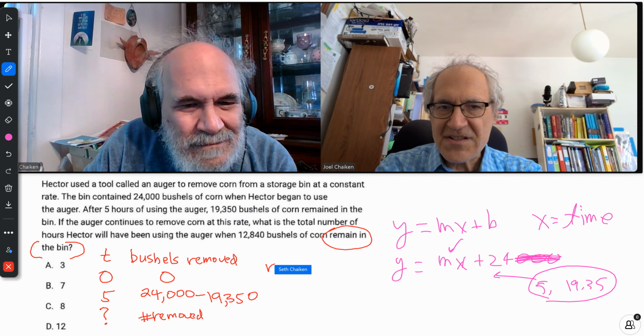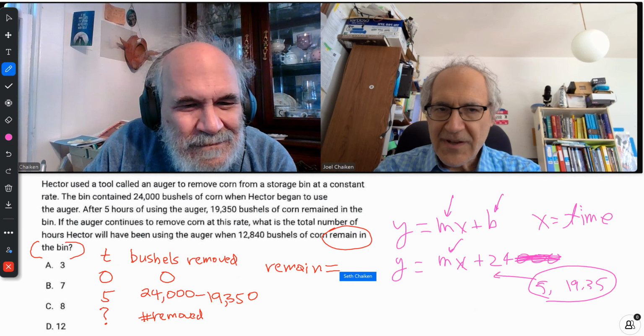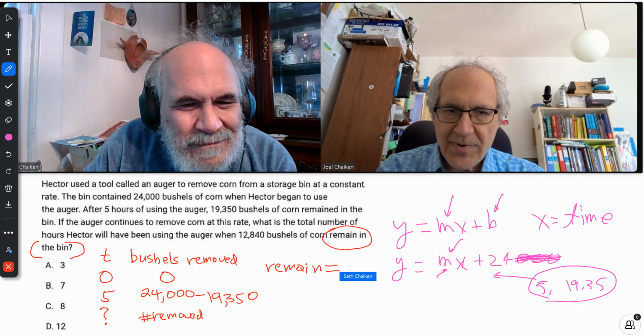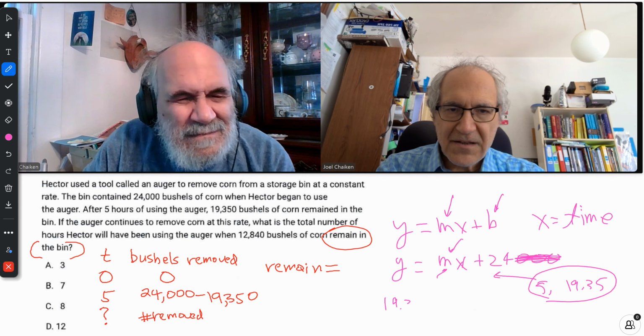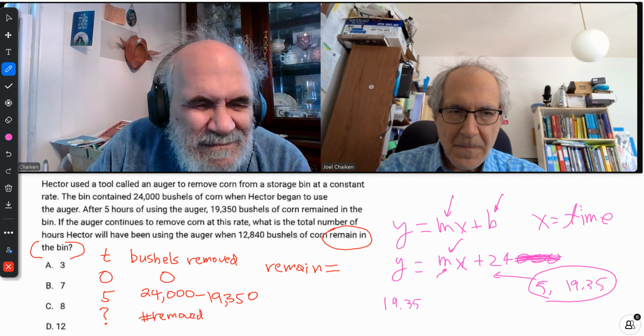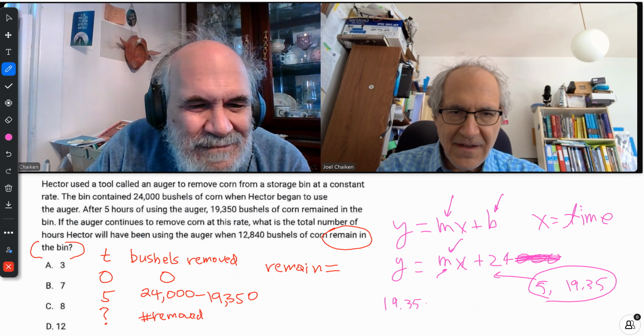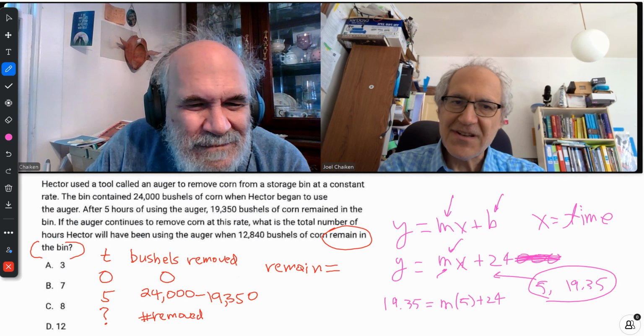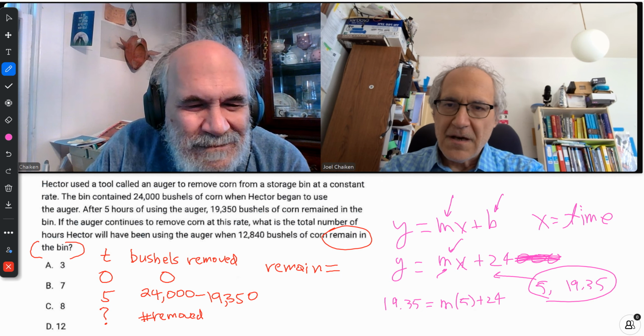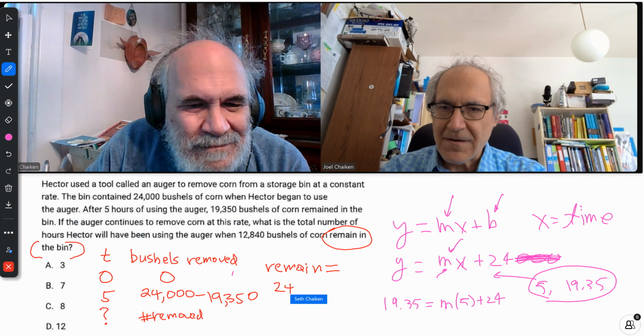Usually we calculate the slope and then get the y-intercept. But we can certainly calculate the slope, the m here, by plugging in 19.35 is equal to m times 5 plus 24, which essentially comes down to the same thing.